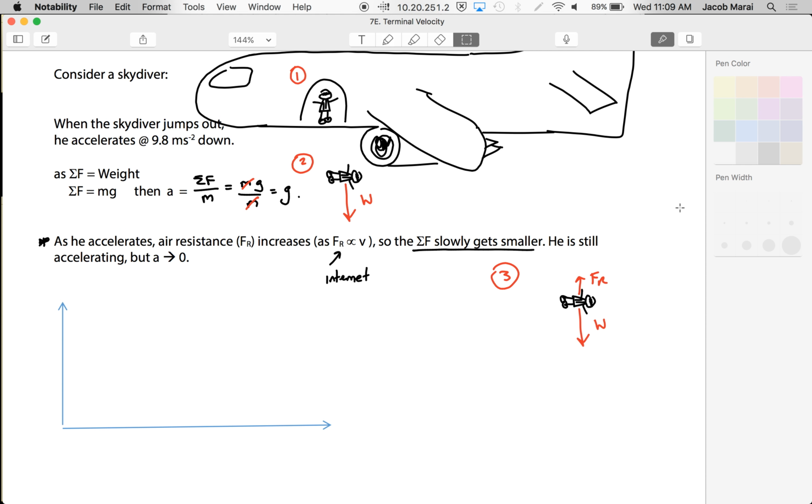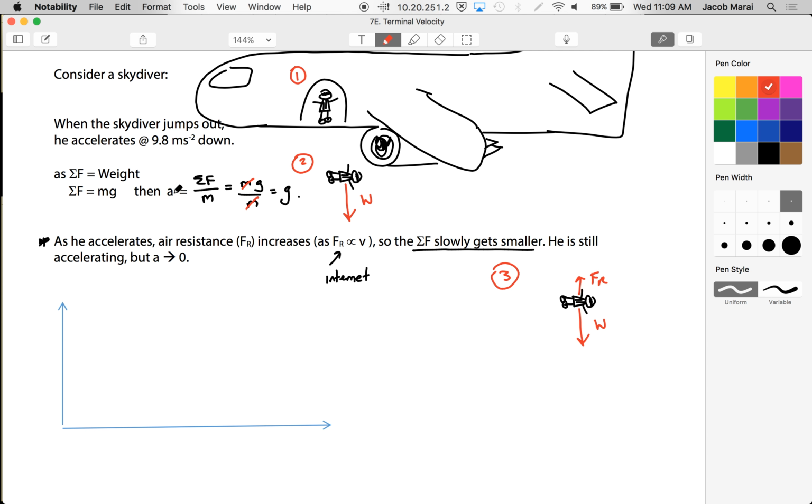However, he's still accelerating. But now we can't make this initial statement, because the unbalanced force is no longer weight, it's something a little bit smaller, and so the acceleration is a little bit less than 9.8. So he's getting faster. And as he gets faster, this starts to grow. Still, there's an unbalanced force downwards.